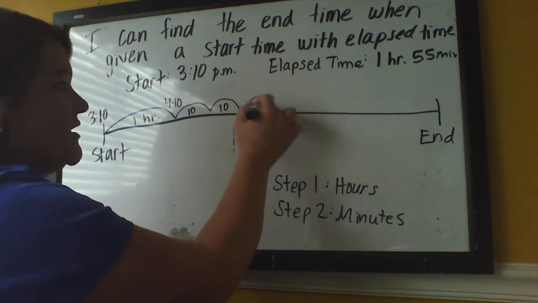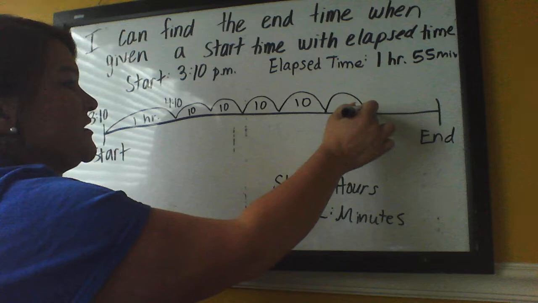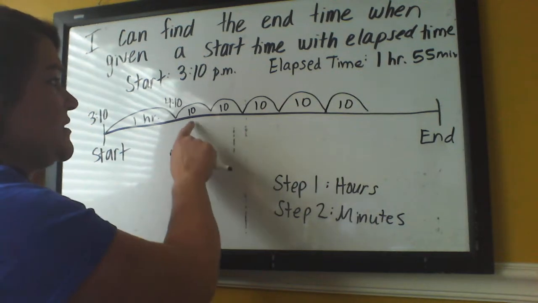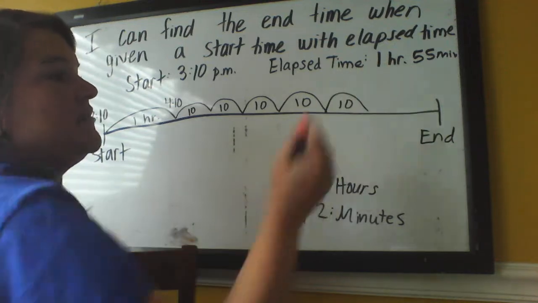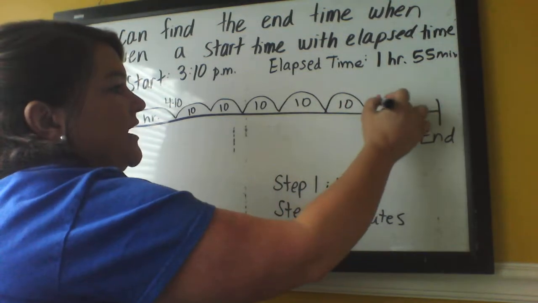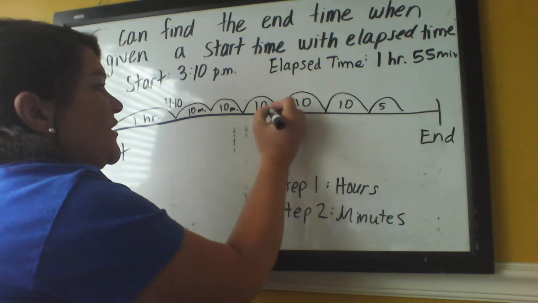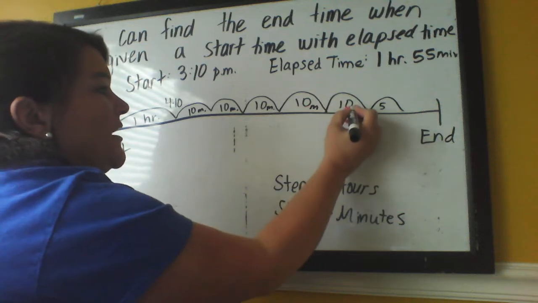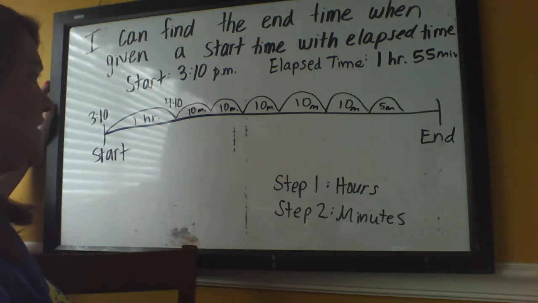So I need to go another 10, another 10, another 10, and let's count up our 10s. 10, 20, 30, 40, 50. Well, to go 55 minutes, how many more do I need to jump? The correct answer would be 5 minutes. And I'm going to go write my minutes so that I know that these are minutes and not hours. Okay, so now we're going to go back and figure out what time it is.